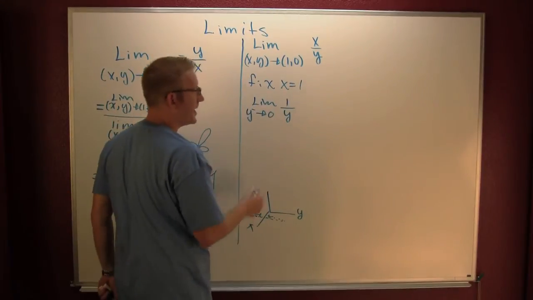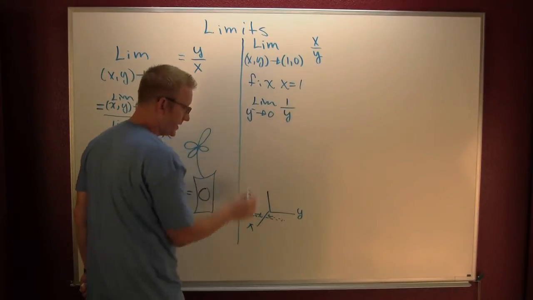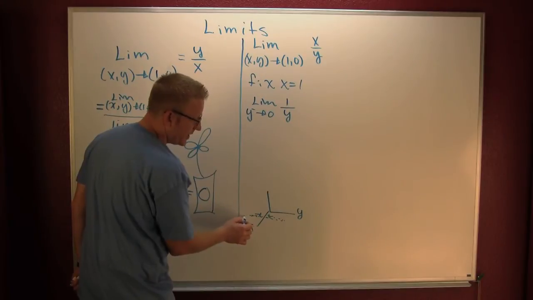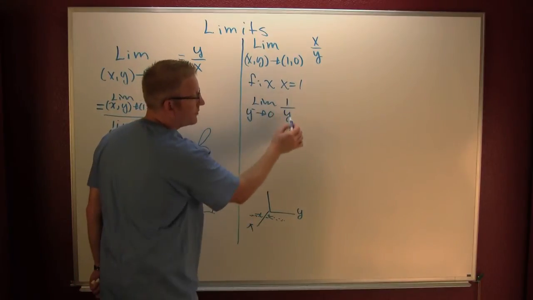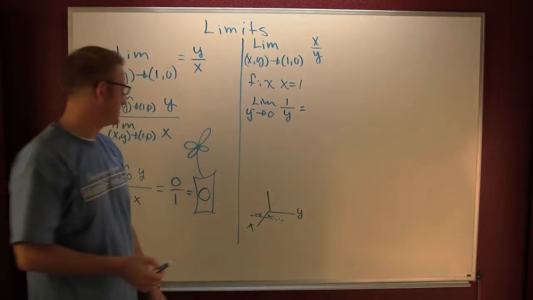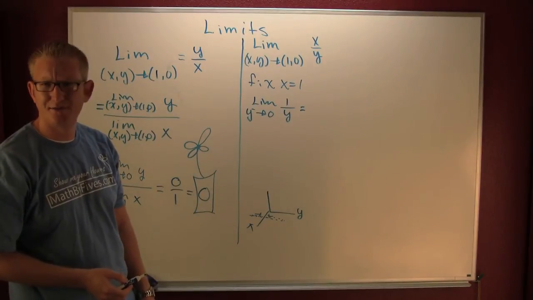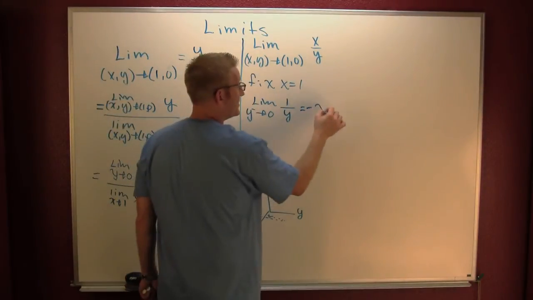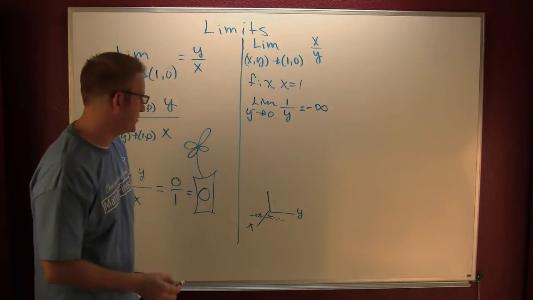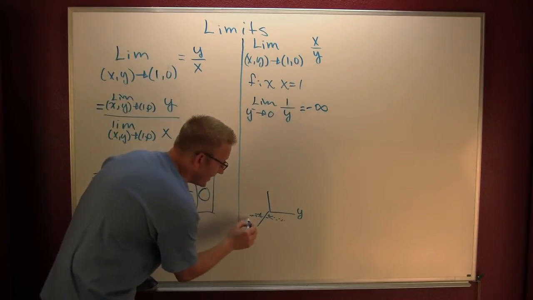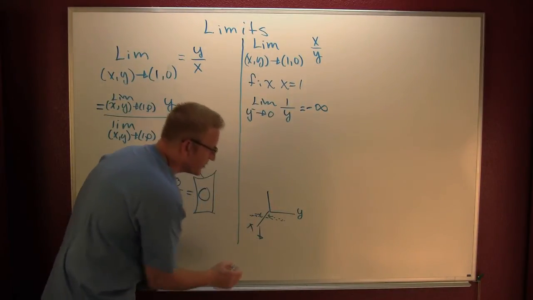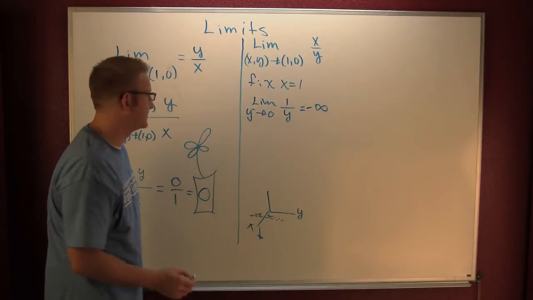So we're looking on this path. This, as y comes from the left, is coming from negative y. So here we have 1 over negative y, which gets us, oh, really small numbers, really big. That gets us to minus infinity. Ouch. So we see this guy is cruising straight on down, asymptotically.